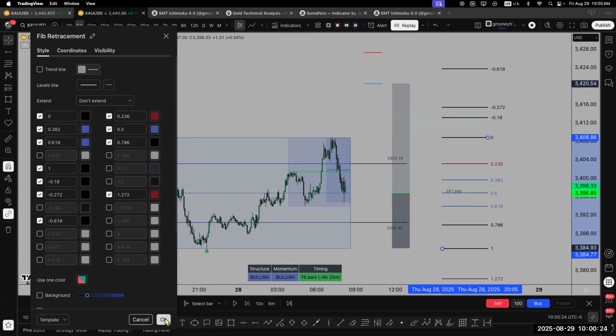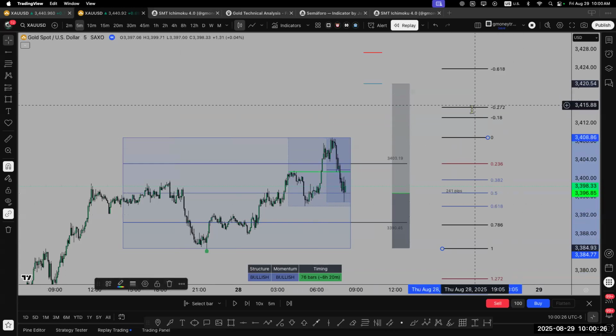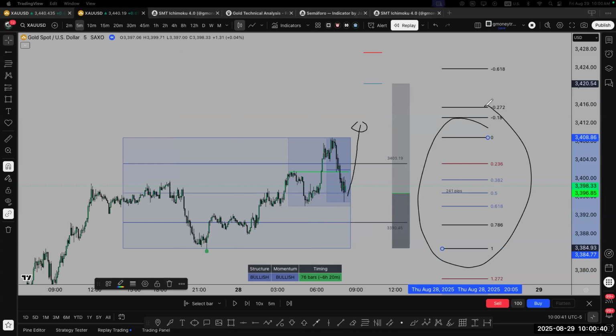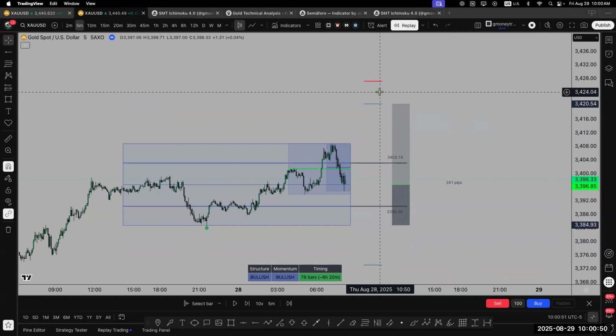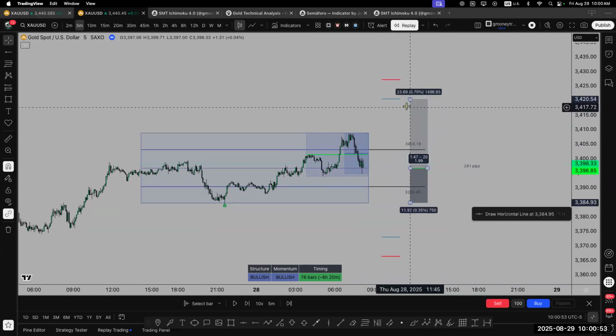The only issue with the fib here, guys, is that if we make a higher high, the box is bigger, and therefore you would have to realign your fib. But these lines do not move at all. That's why I was looking at it as the fib of the momentum. Those will not shift, the boxes.